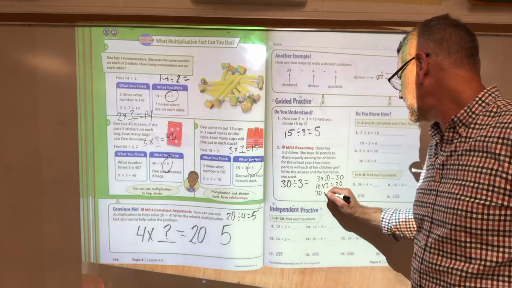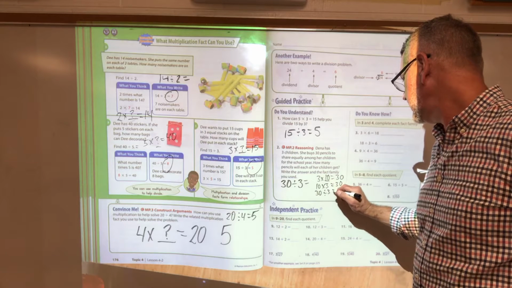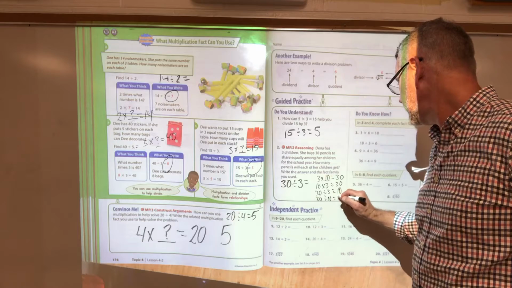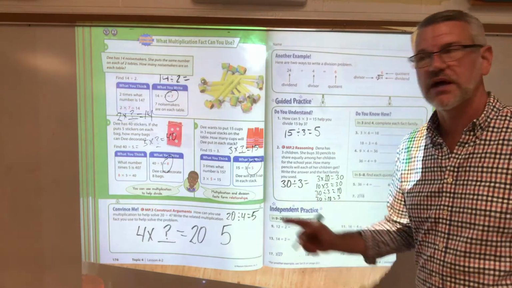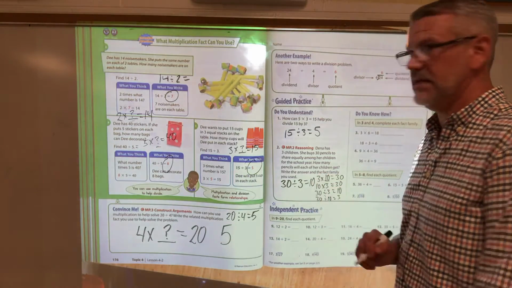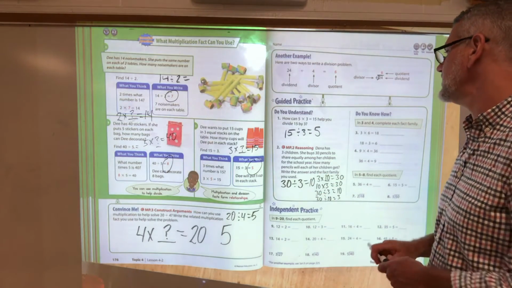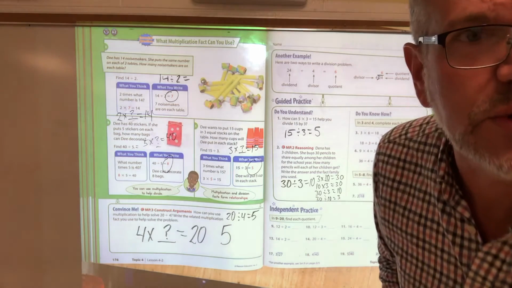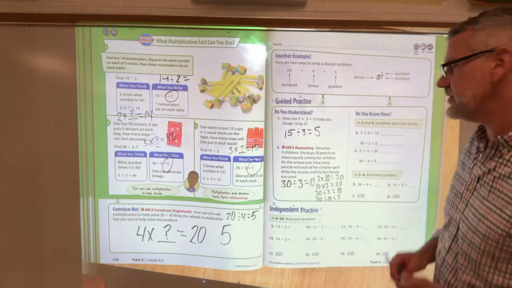Then we would say 30 divided by the 3 equals the 10, and 30 divided by the 10 equals a 3. So now we have our answer, 30 divided by 3 equals 10. We use the fact family there to help us out. Okay, do you understand? I hope so.